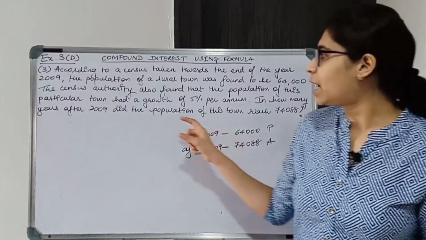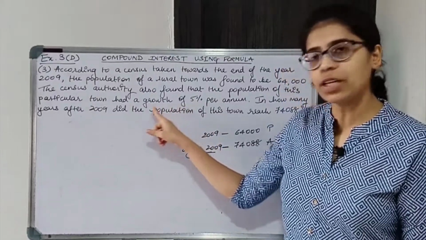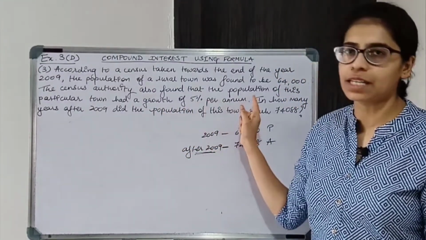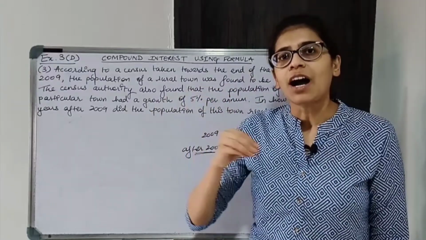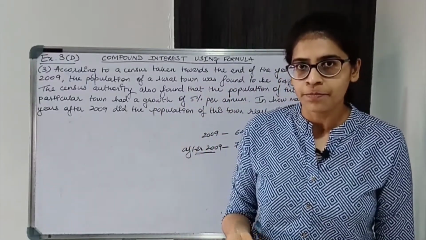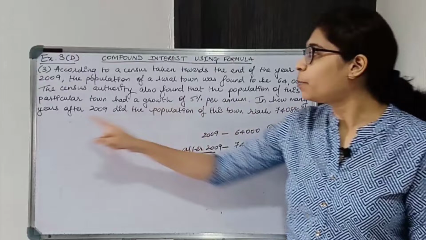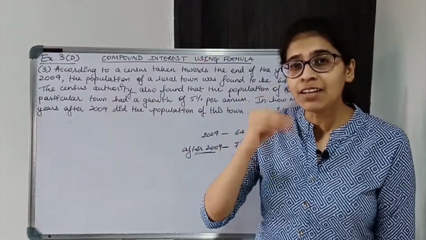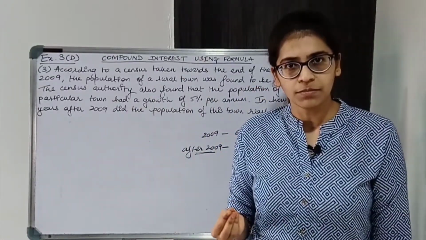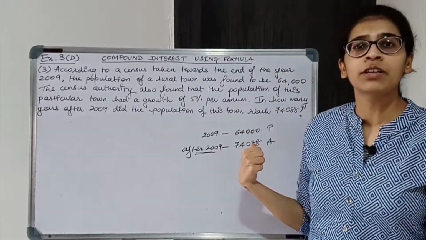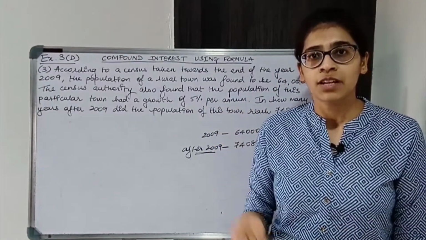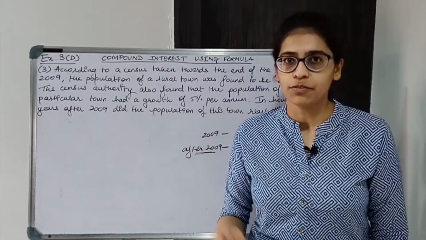We are also told that the population had a growth of 5% per annum. So it grows 5% each year, so R is 5% per annum. We need to find in how many years after 2009, that is N we have to find. So we are given principal, amount, and the rate of interest, we just need to find the number of years.